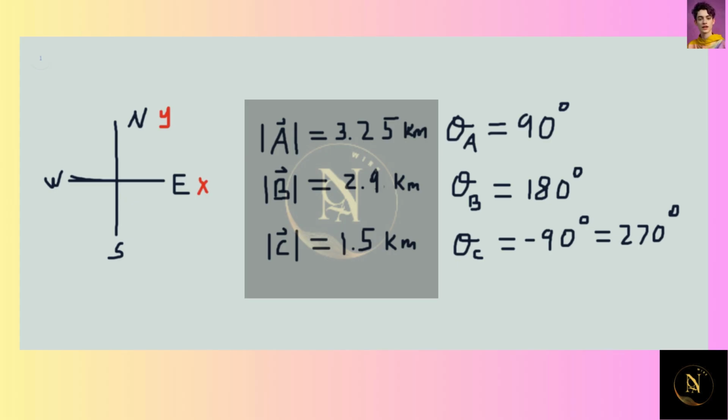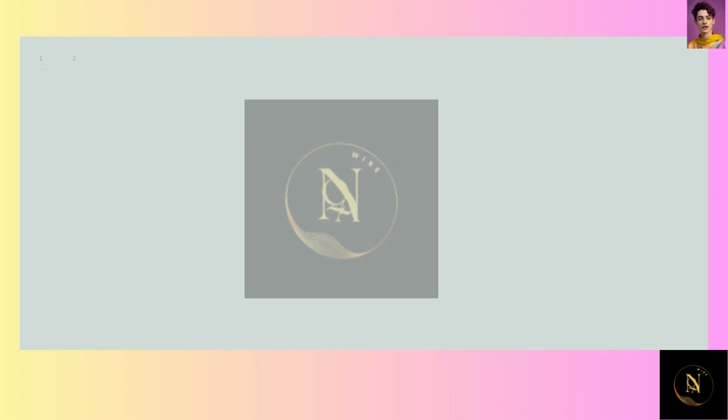So then to find the displacement vector's magnitude D and the angle D, we need to use A, B, and C. Okay, so displacement vector D is going to be equal to the x components of vector A, B, and C added together, plus the y components of vector A, B, and C, but we have to keep them separate, right?